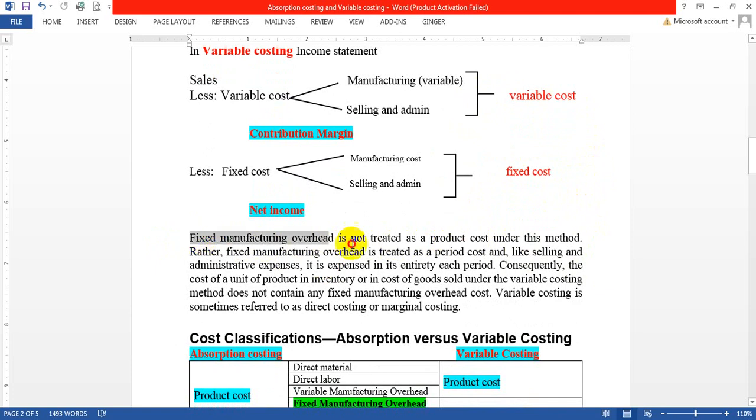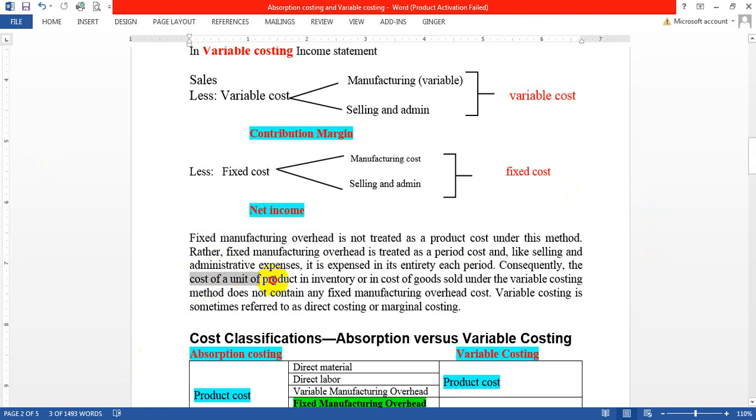Already told you, in this method we don't treat fixed manufacturing overhead as a product cost. Fixed manufacturing overhead is treated as a period cost. It becomes a part of the period cost, not the product cost, like selling and admin, which we know is a period cost.